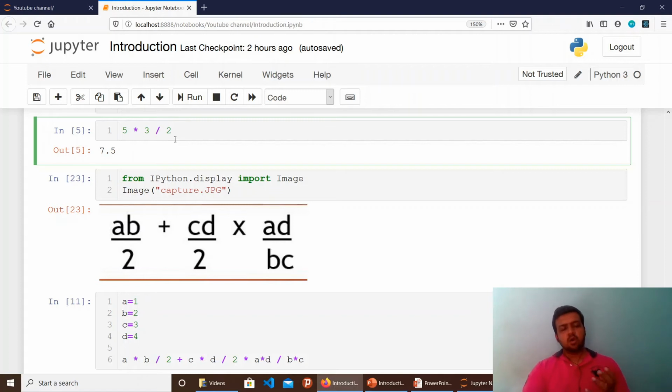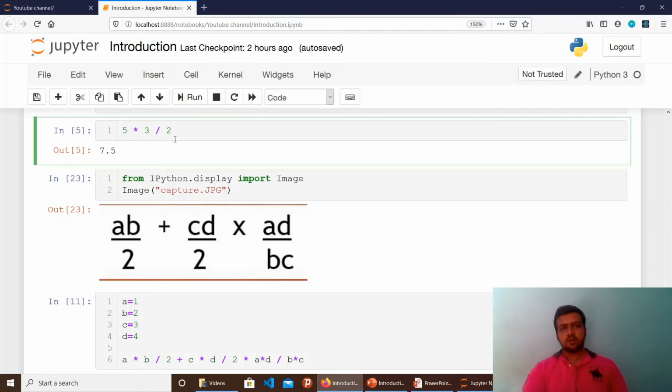In Python, all the operators are left associative except one, that is the exponent operator. Left associative means that whenever two operators of the same precedence are in an expression, they will be operated from left to right. We'll go from the left part to the right part, and the totally opposite is in the right associative.